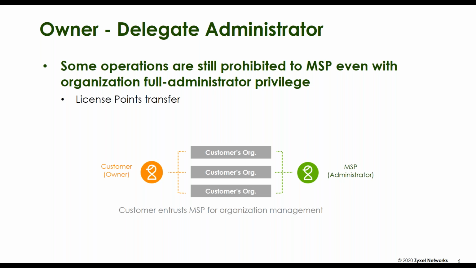Another thing that's been added is being able to delegate an administrator. An owner obviously has full control over the entire platform as well as license points transfer. However, the MSP who could be managing the service for the customer doesn't have the ability to do that. So the customer can entrust the MSP to be a delegate administrator, giving them the ability to change license points and transfer them over.